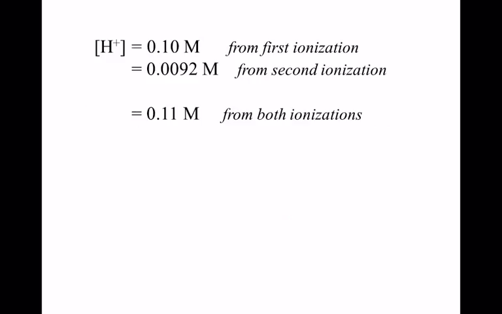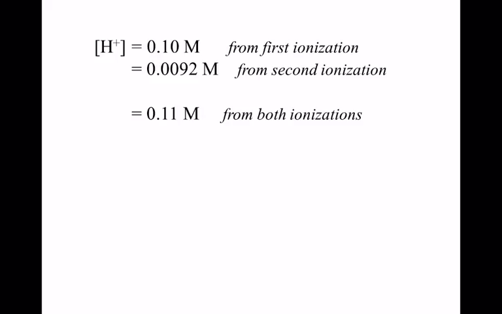So remember, our goal was to come up with the pH of the solution. If we come up with the hydrogen ion concentration brought by both of these ionizations, we've got 0.011 or 0.0092, right? So basically what you're seeing here is adding these two quantities.